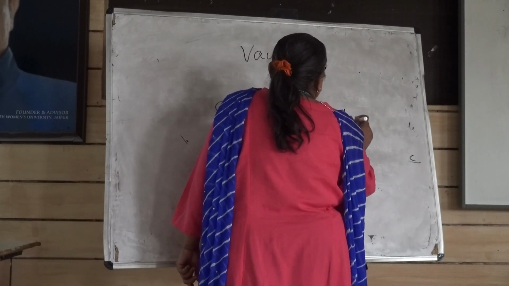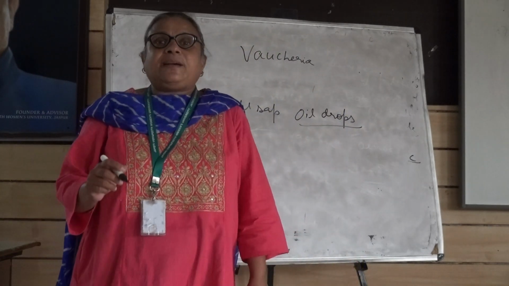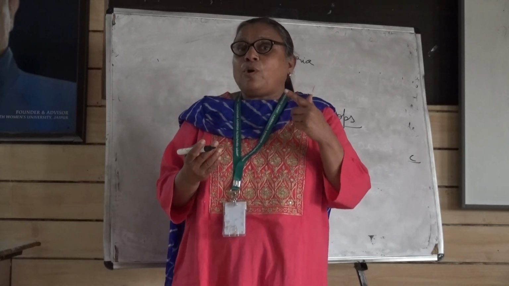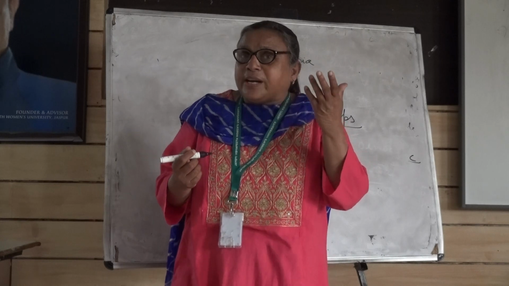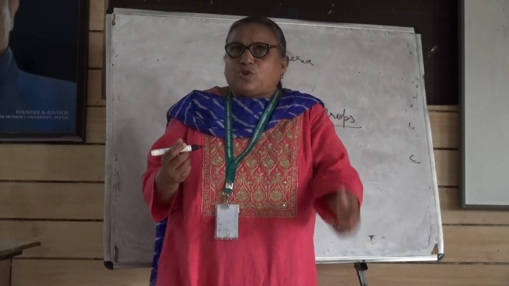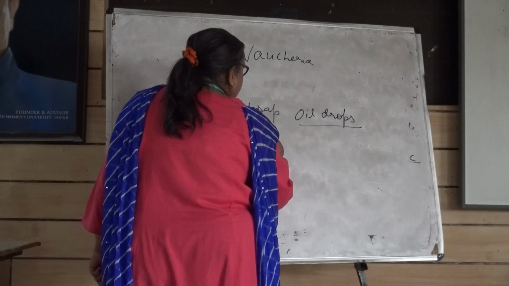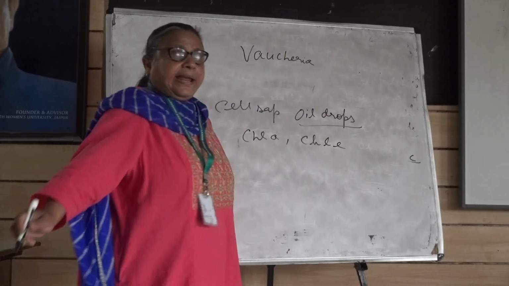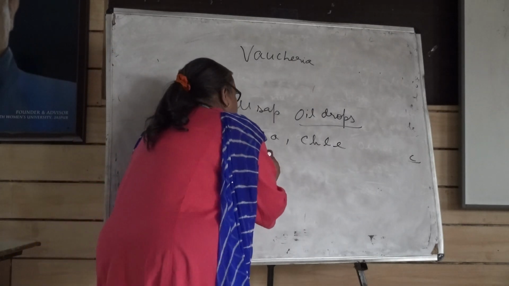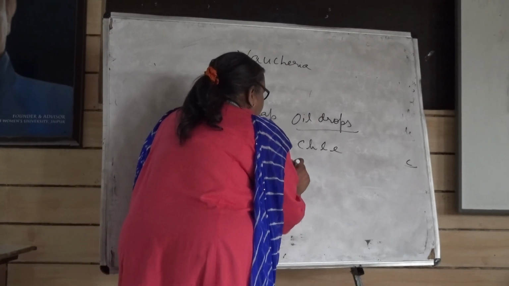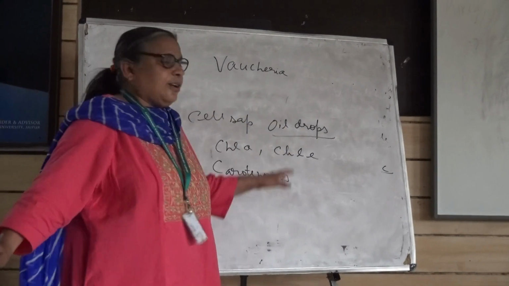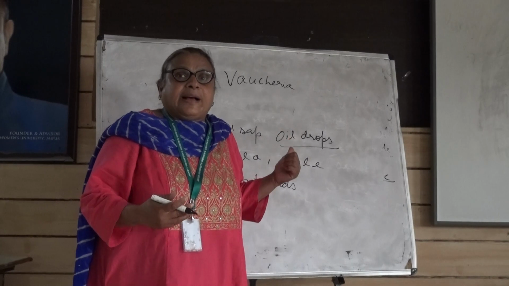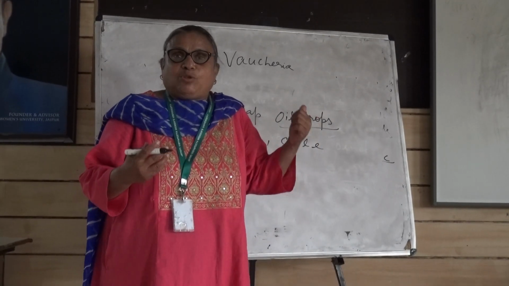Towards the center lie the chromatophores, and the chromatophores of Vaucharia contain the pigments chlorophyll a, chlorophyll e, carotenoids and xanthophylls.